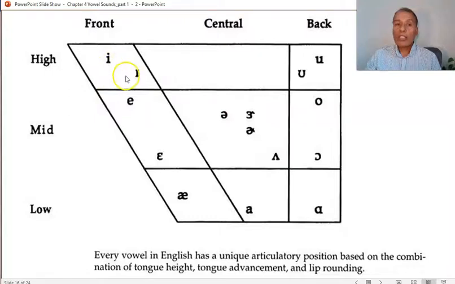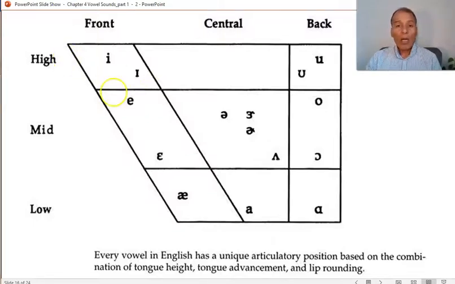I'll say each symbol. These are international phonetic alphabet symbols that are used so that we can have one single symbol for one single sound. For each English phoneme, these are vowels. For each single vowel, we have one unique IPA symbol.